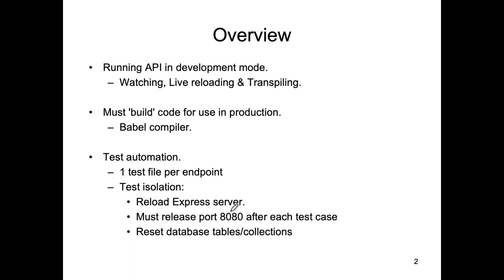If we don't do that, then you're going to get errors in your tests telling you that the particular port that you're trying to access is already occupied by another service. And of course, it's the previous execution of port 8080. Even though we've reloaded the server, the port is still occupied, if you like. So that's another little gotcha, which I've given you a solution for in the code, as we'll see in a second.